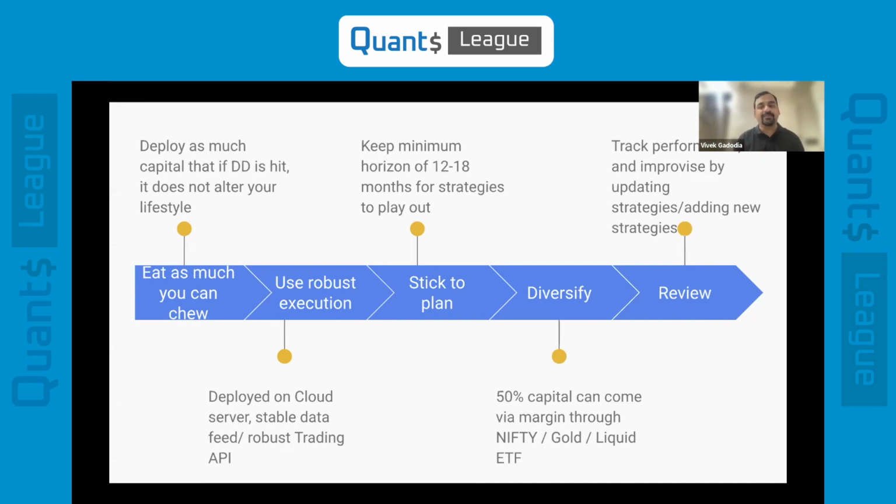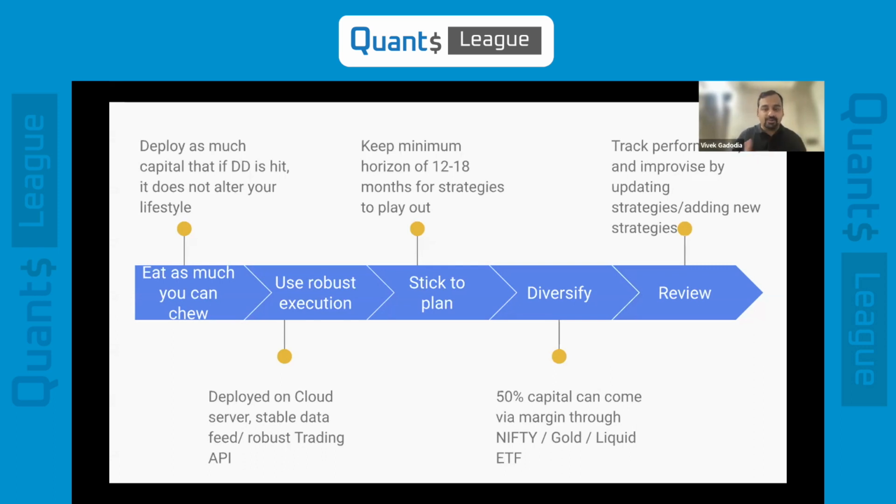So you may want to keep improvising and updating your strategies as well as adding new strategies, because strategies also have a shelf life. No strategy that is built is just going to run the same way forever. Right? So whatever we run, it keeps updating. You have to keep improvising it. And extremely important is also to track performance.